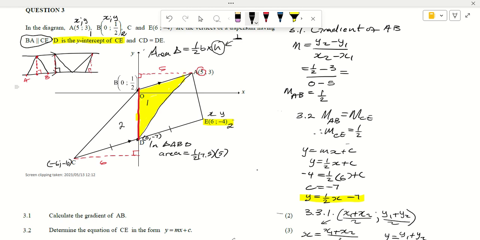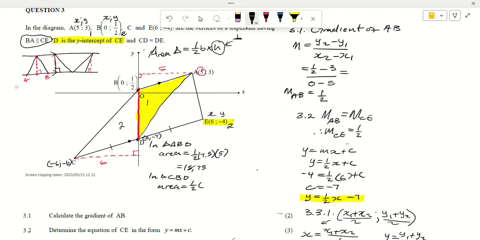So that's how you find the area of the first triangle. If you press your calculator, your area is half times 7.5 times 5, which is going to give you 18.75. And then in triangle CBD, the area of that triangle is equal to half.